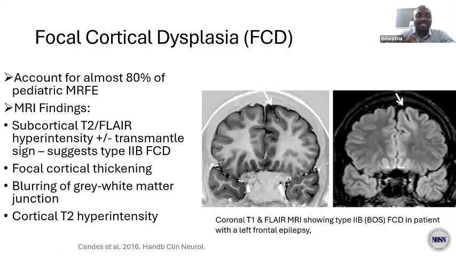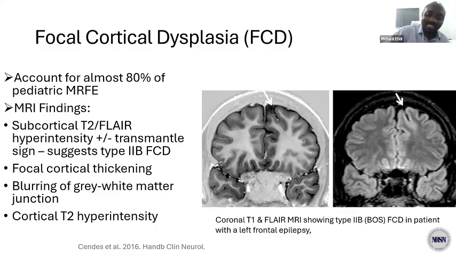Focal cortical dysplasia actually accounts for up to 80% of pediatric drug-resistant epilepsy, and it has characteristic features on MRI. There are actually three classes of focal cortical dysplasia. The most common class encountered is type 2.